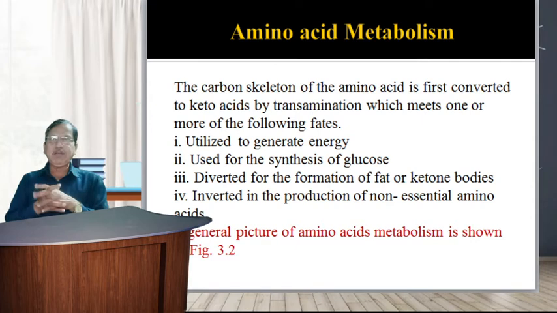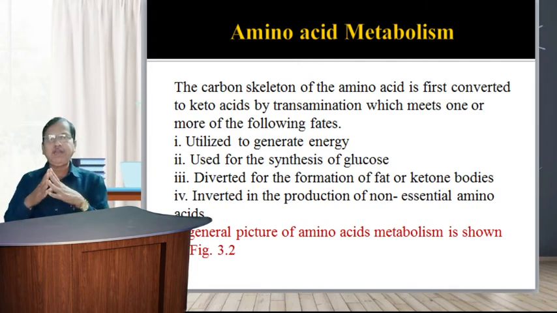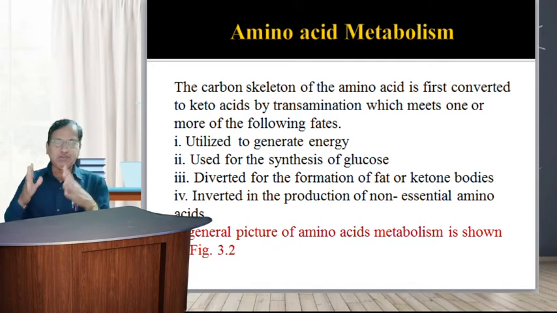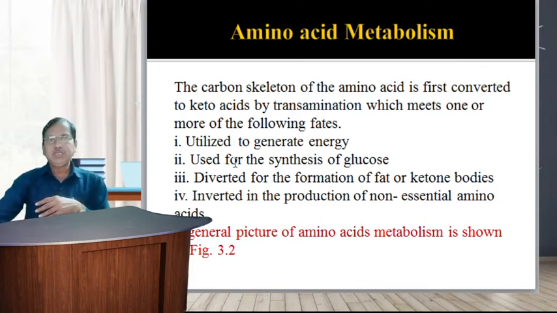The carbon skeleton of the amino acid is first converted to keto acids by transamination, which meets one or more of the following fates. There are four stages. First, it is utilized to generate energy.